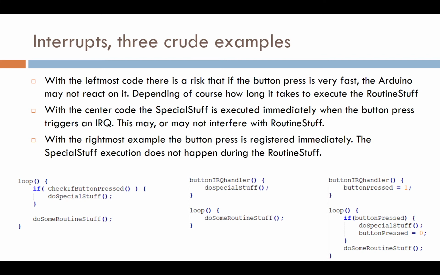And then, after doing that special stuff, you release the button. Or actually, I would do it the other way around: first reset that flag, button pressed, and then do the special stuff. In this way, you'll always be completing the routine stuff before doing that special stuff.